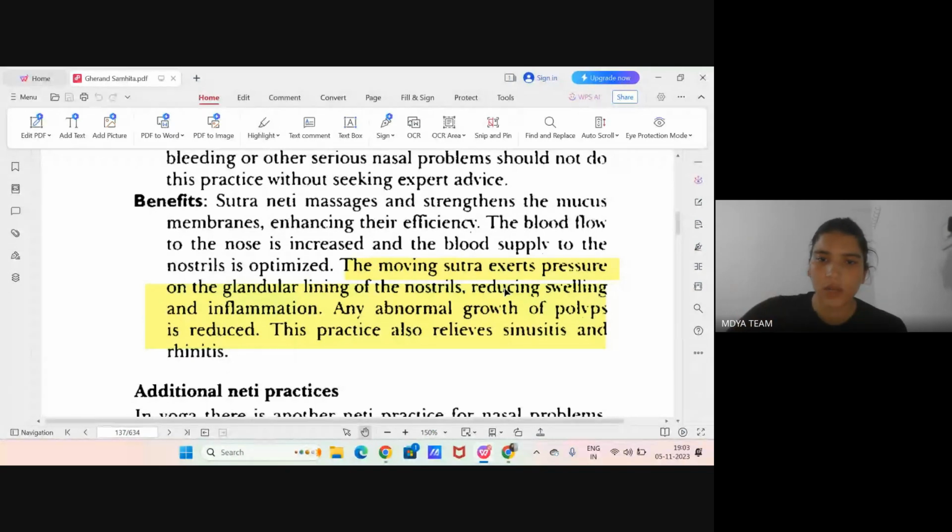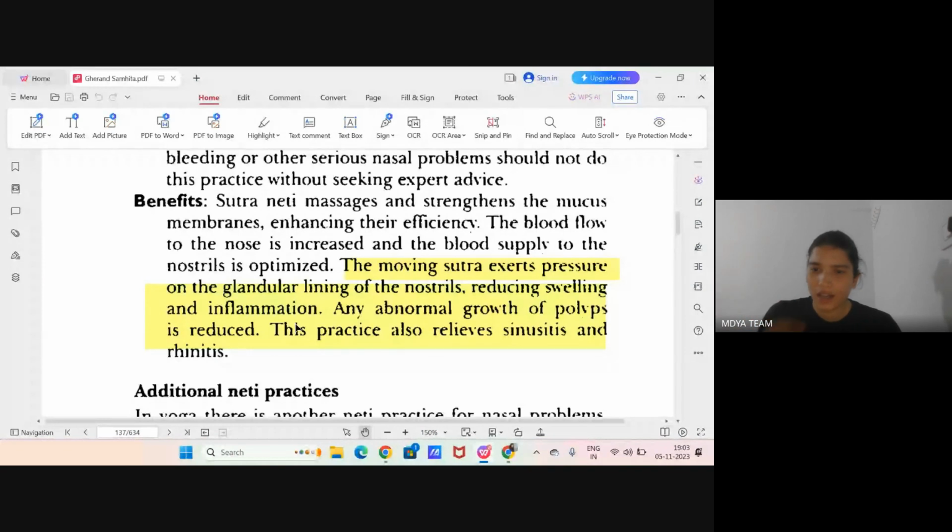This is an extra one in the context of therapeutic benefits. When you exert pressure on the inner glandular lining of your nostril, it is helpful in reducing the swelling and inflammation of the nostril. But always practice under the guidance of an expert teacher or with the information of a doctor, because you don't know what kind of actual inflammation is there.